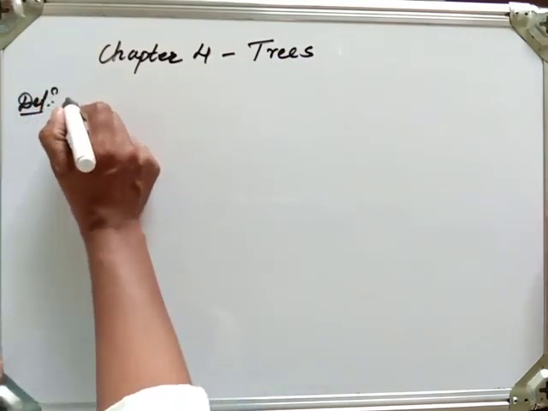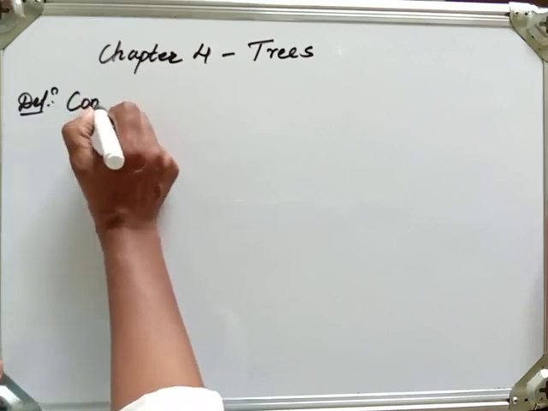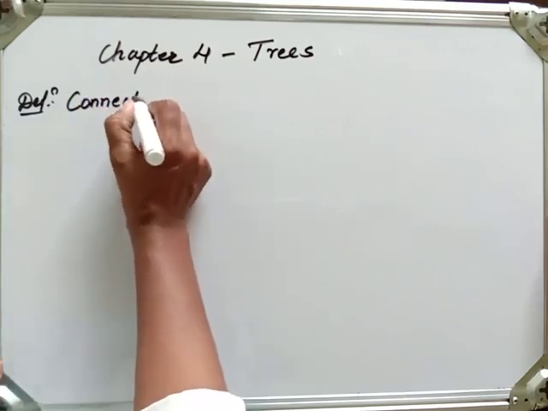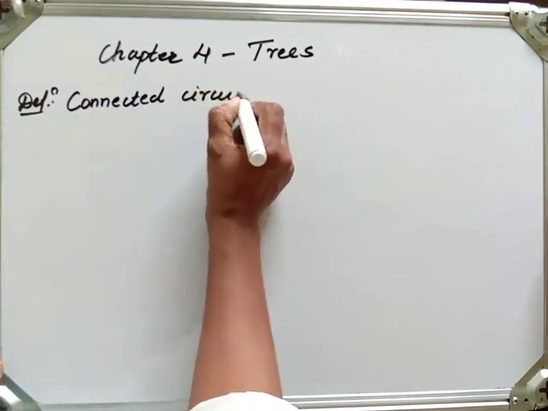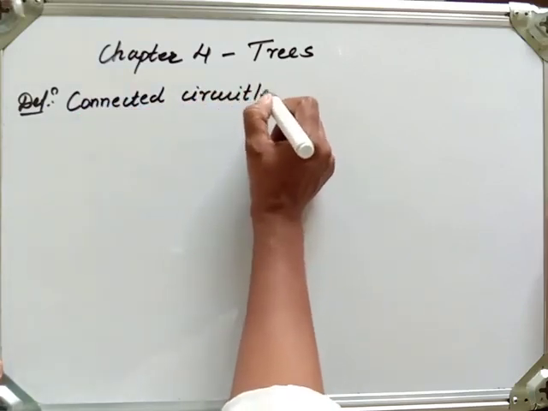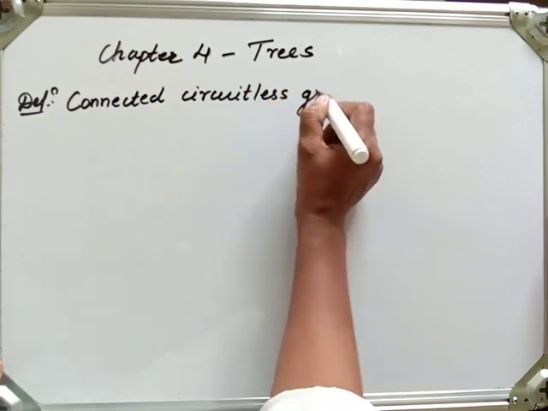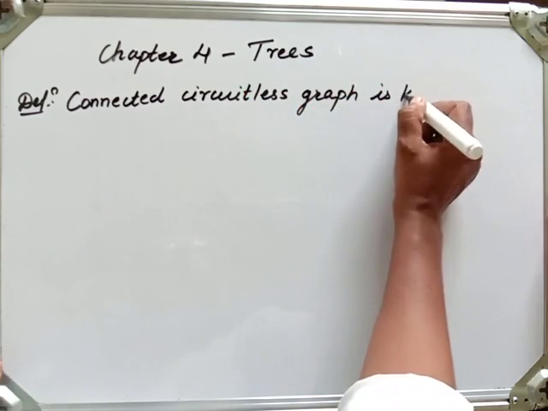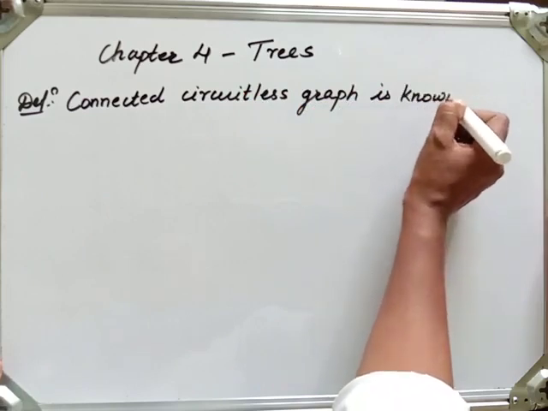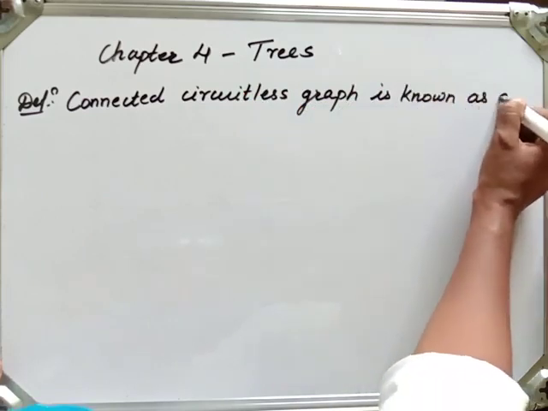The definition says a connected, circuitless graph is known as a tree.